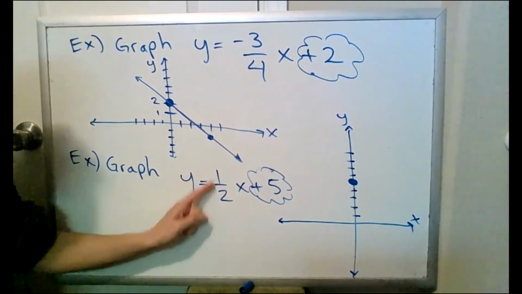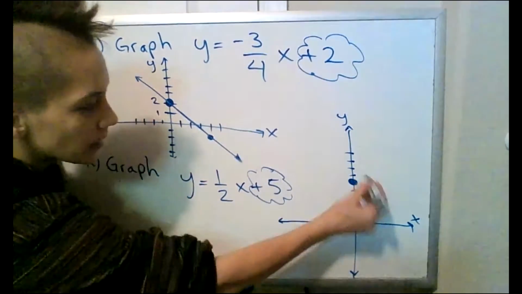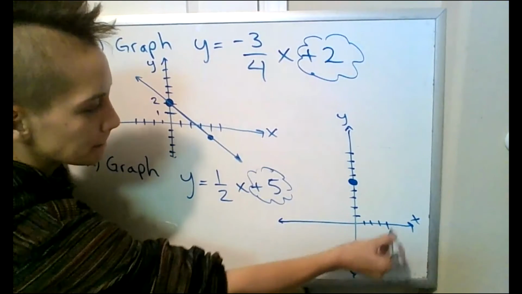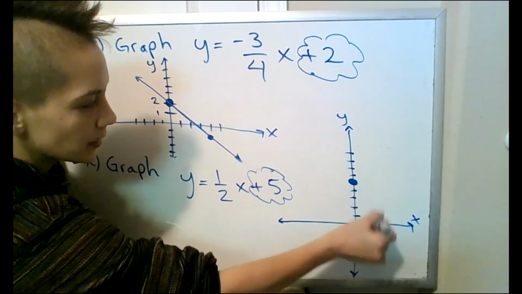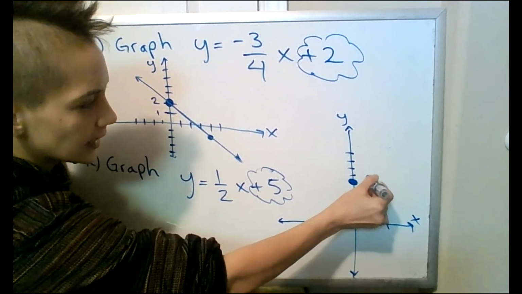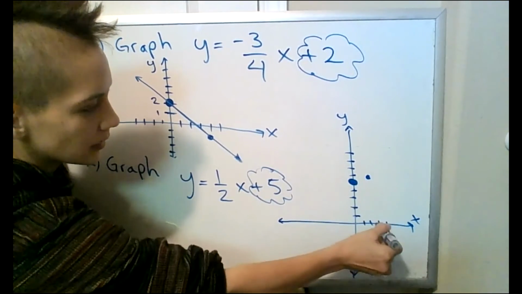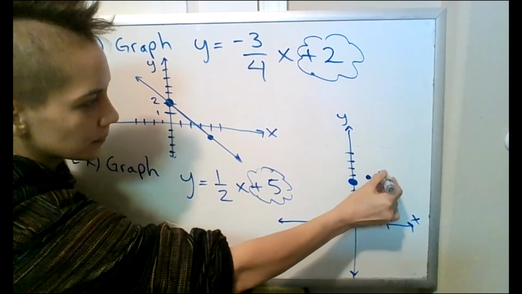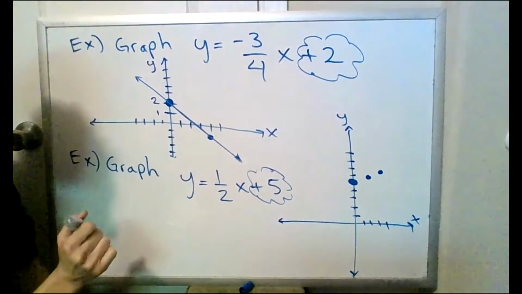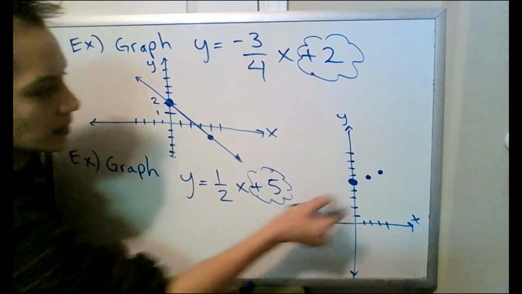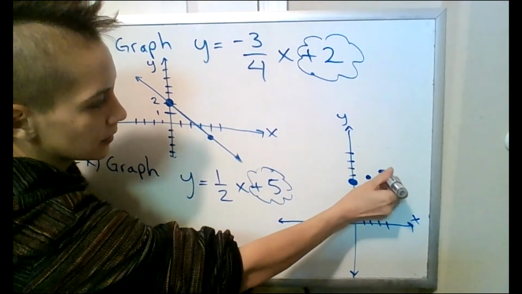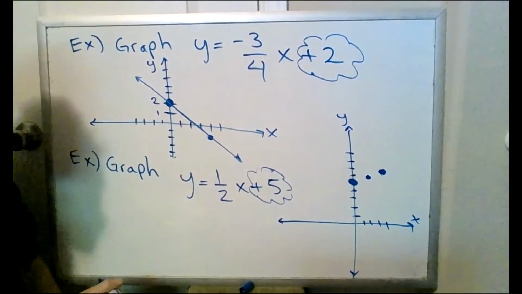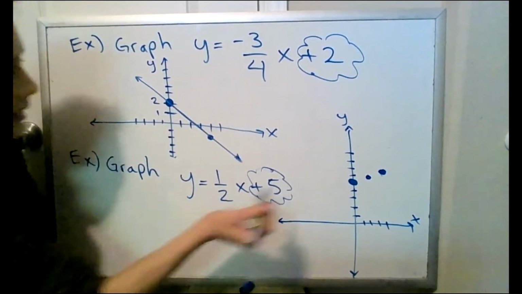We're going up 1 and to the right 2. Up 1, over right 2. I do it again, up 1, over 2. Maybe a little further over. Okay, and then straight.